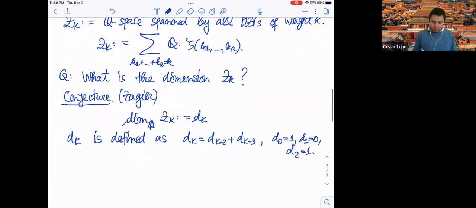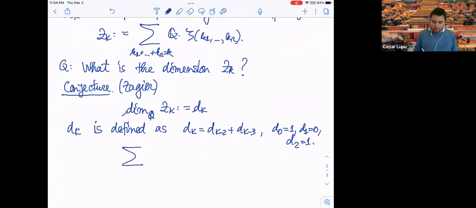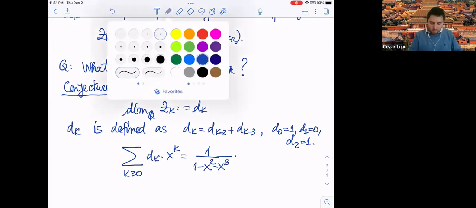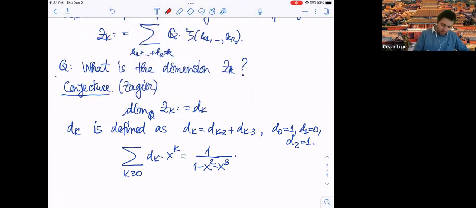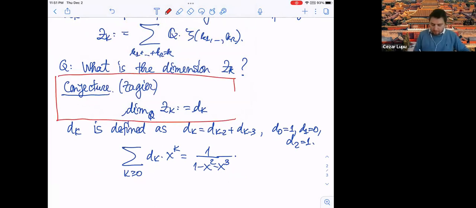And of course, this comes from the power series expansion of this function, of 1 over (1 minus x squared minus x cubed). So that would be the conjecture. Proving this dimension conjecture will imply the algebraic independence of all zeta values.